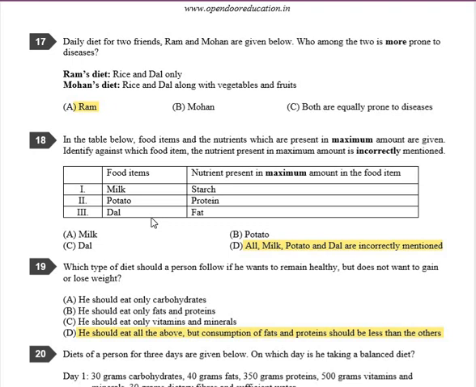So all the things are wrong, meaning D. Milk, potato and dal are all incorrectly mentioned, because from milk we are able to get all the nutrients, while potato is rich in carbohydrate and dal is rich in protein. So option D is correct, because milk does not contain starch, potato mainly contains starch and dal mainly contains protein. So option D.